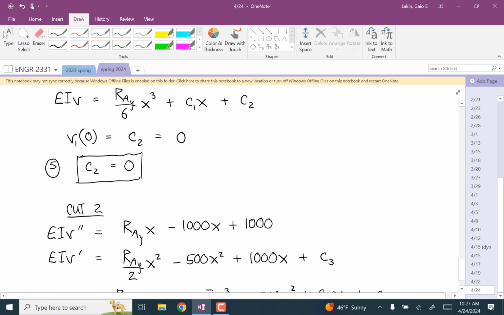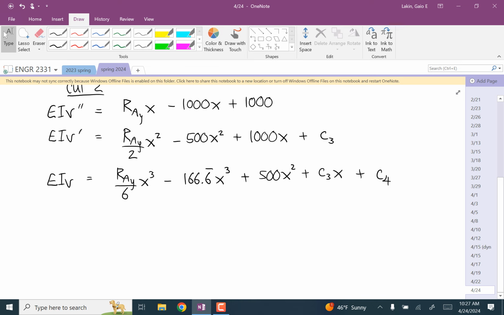And now we'll go to our boundary condition that says, well, let's first use, V cut 2 at 2 is equal to 0.